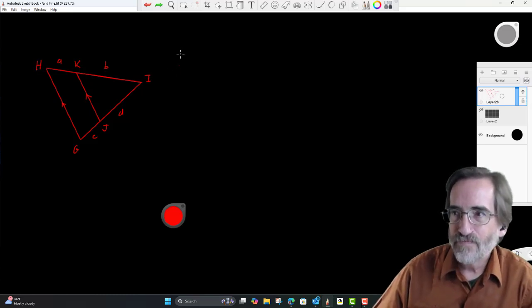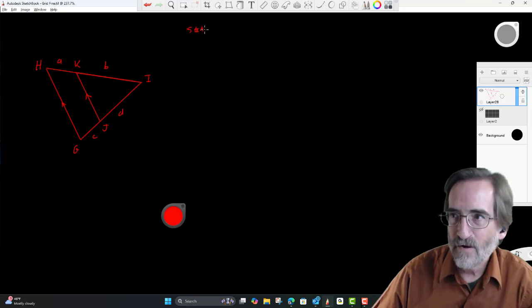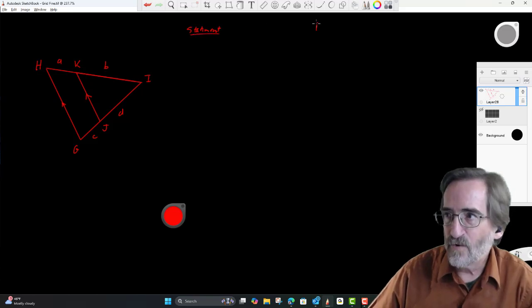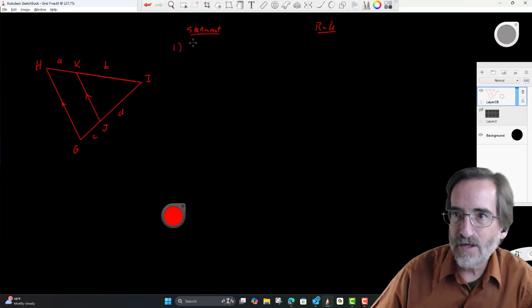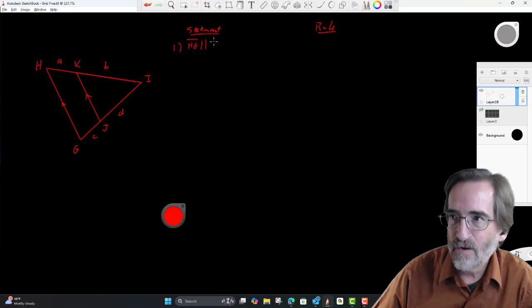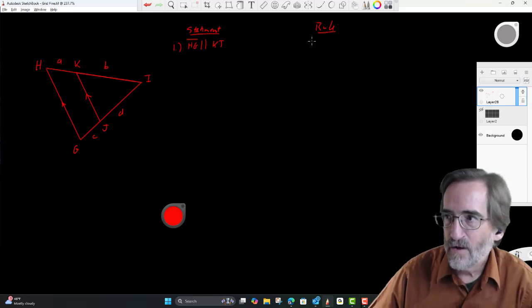All right. So let's go ahead and start with statement and rule. First statement, we're going to start with the given. HG is parallel to JK, or KJ. The reason we know those are parallel is that was given.